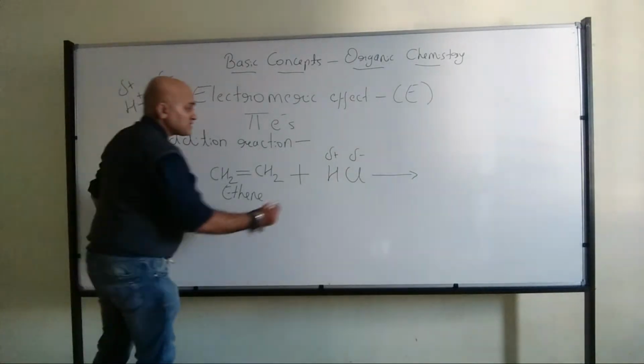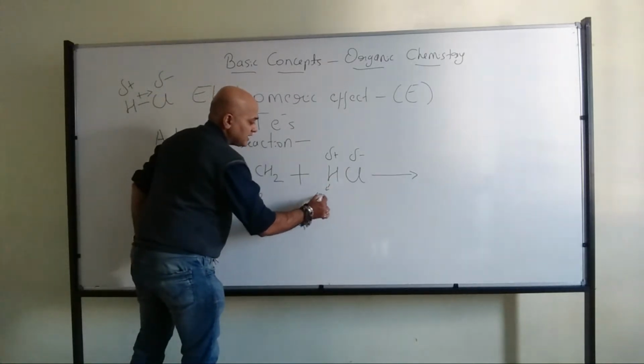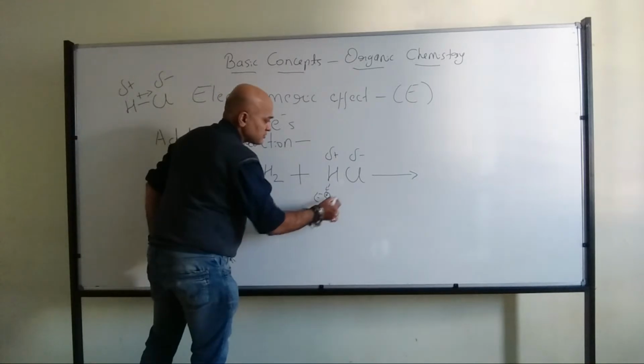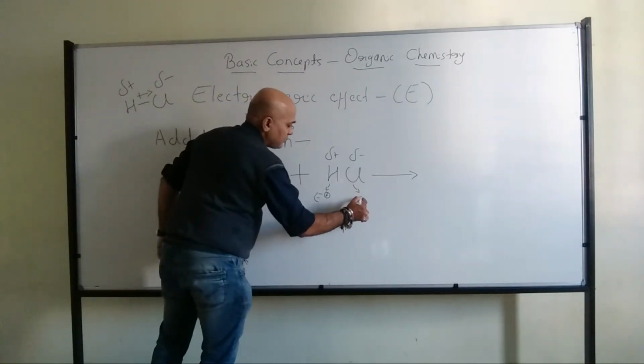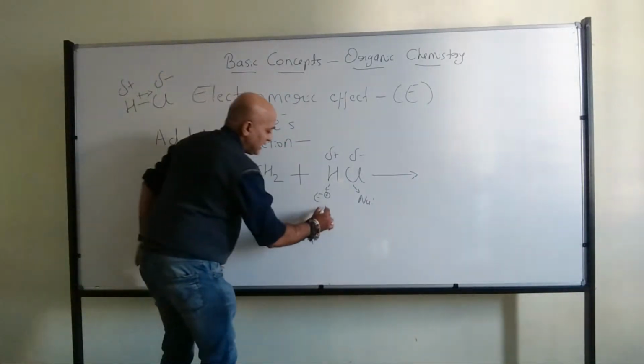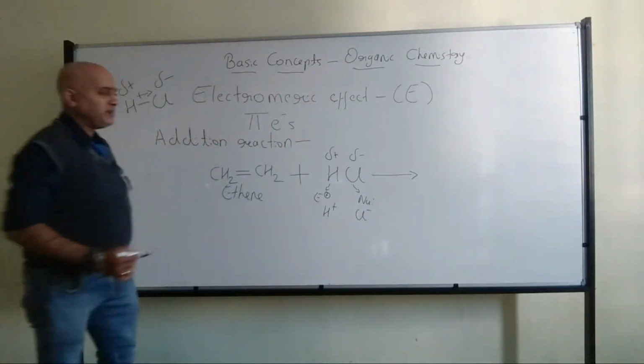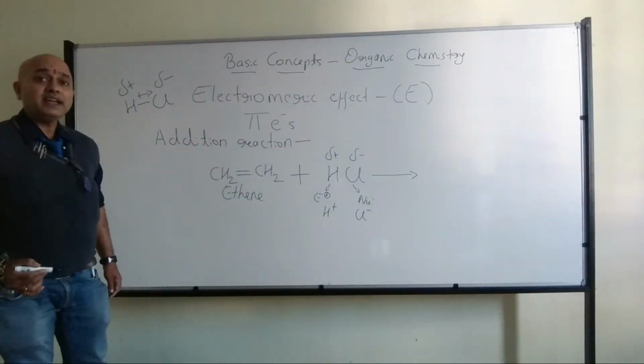Due to the presence of HCl, there is an electrophile after dissociation, and there can be the formation of a nucleophile. So there can be H plus and Cl minus.